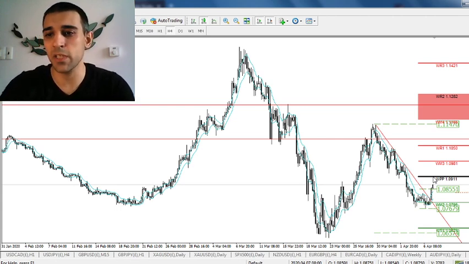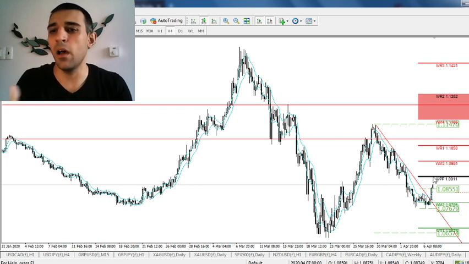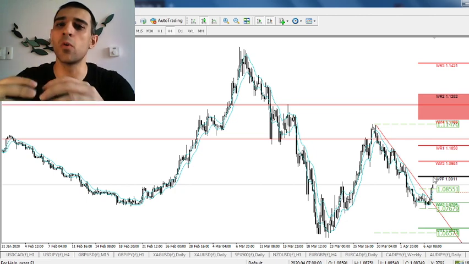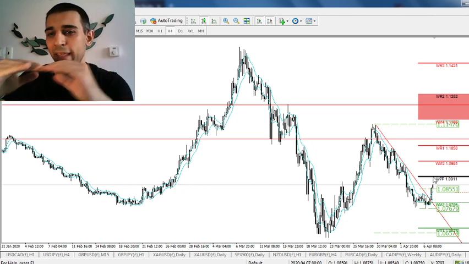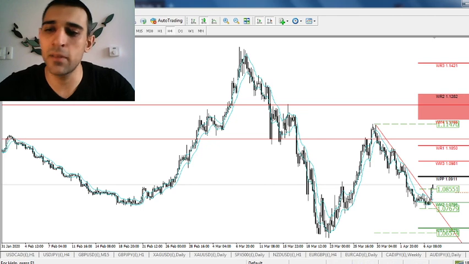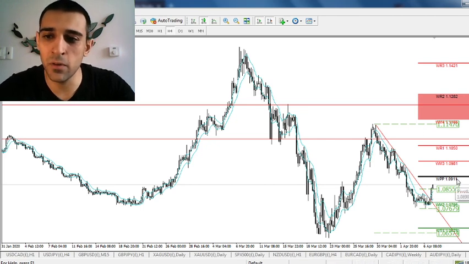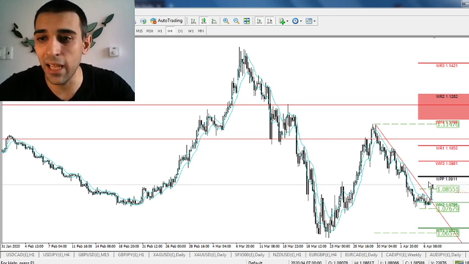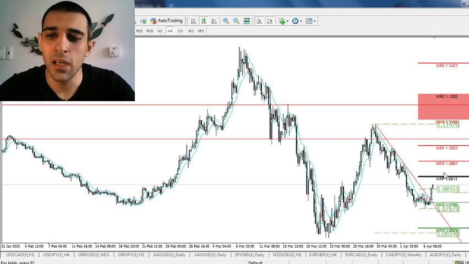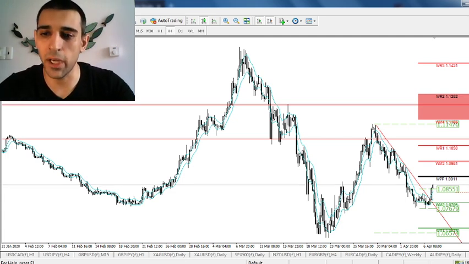So most traders may be taking off their trades at 109.05, let's say, and if too many take profits come off at that level, then there's a chance that if your take profit is at 109.11, the price might get to 109.07 and then just turn around and go in the opposite direction.